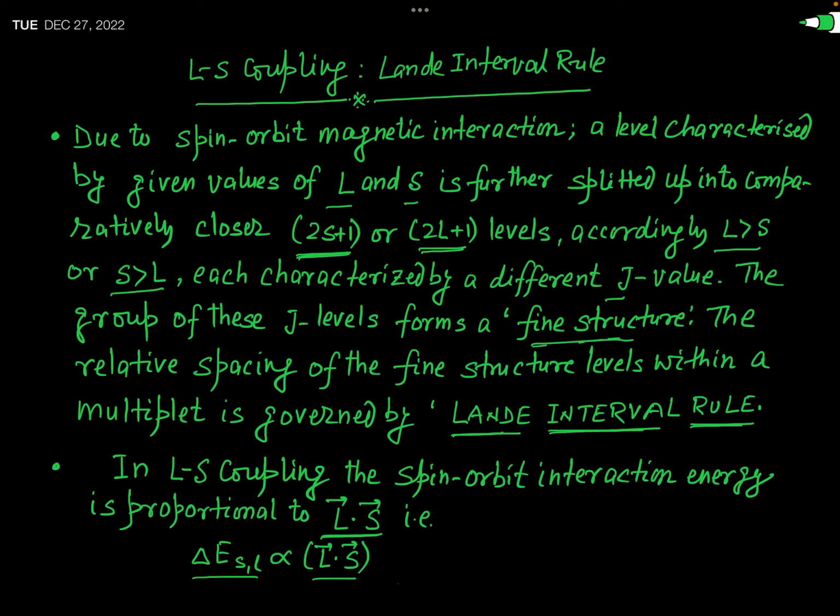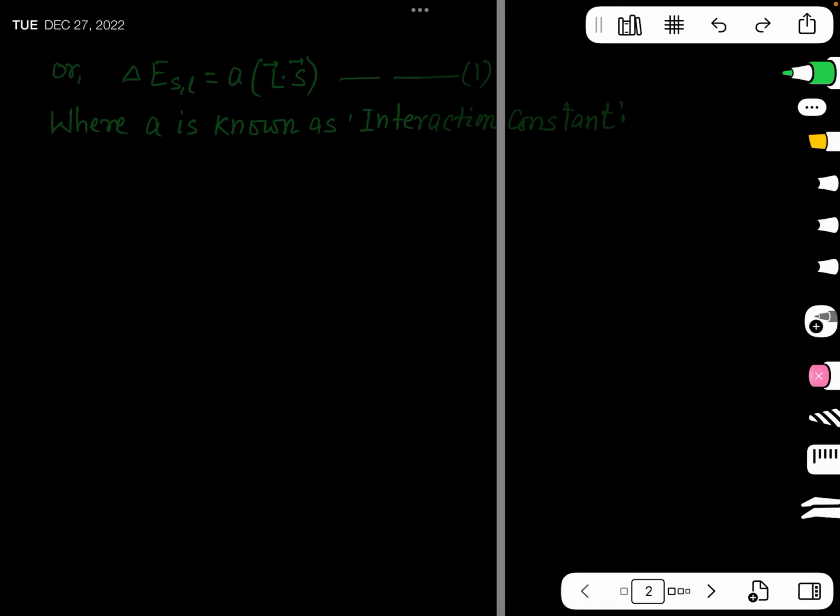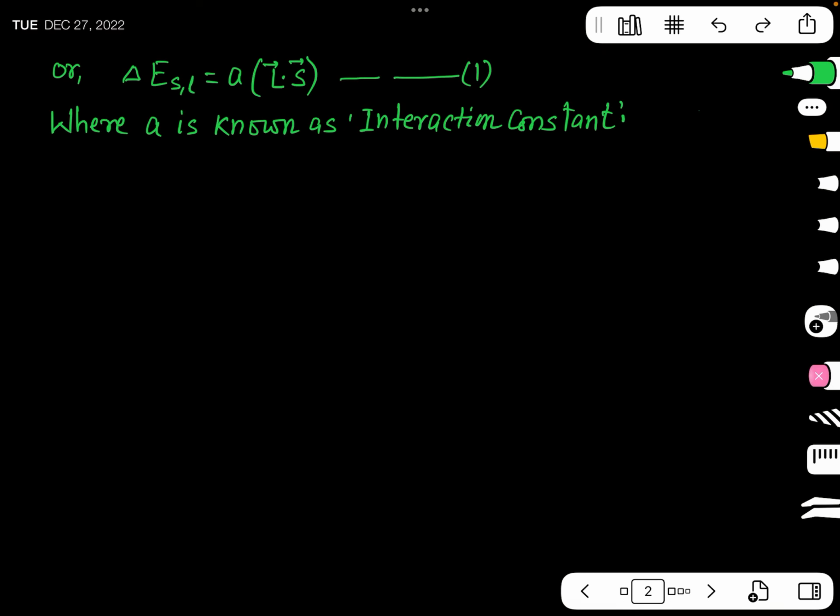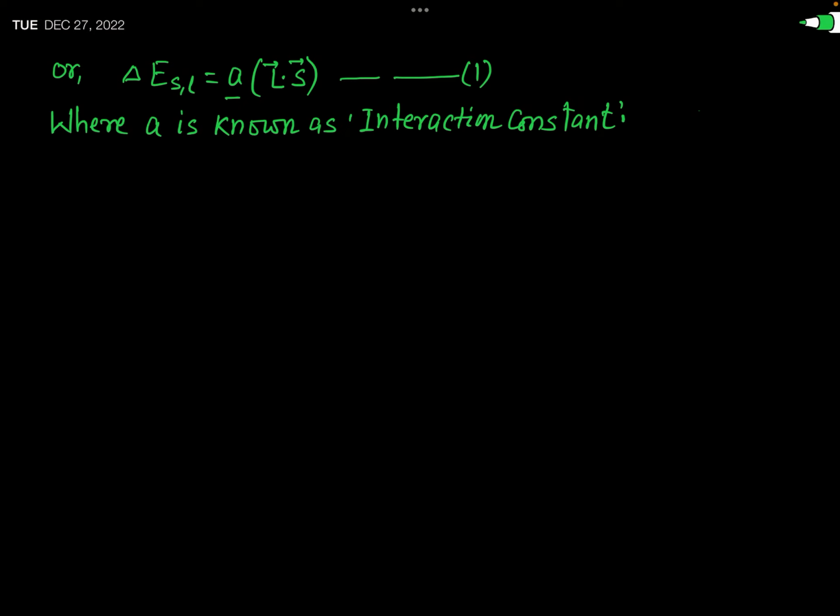Now when we remove the sign of proportionality, there will be a constant of proportionality, which is written by the symbol small a. So you can write the interaction energy after LS coupling as delta E_SL equal to A times L dot S. Actually, this A is an interaction constant.